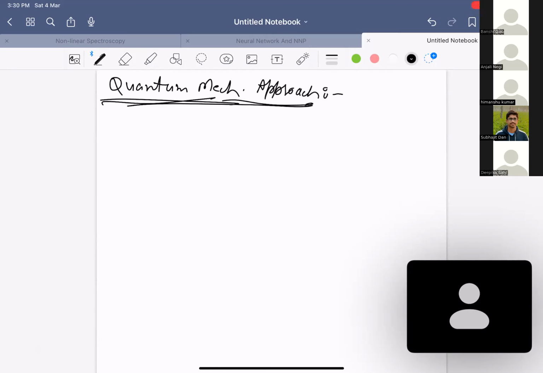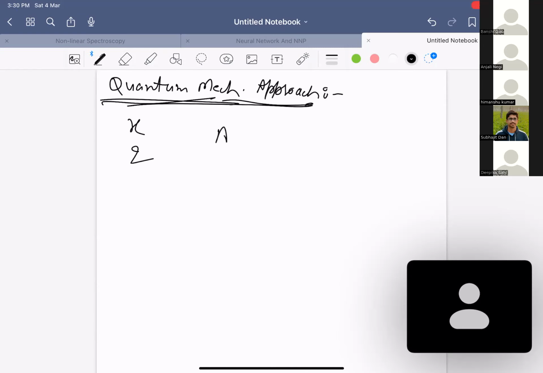Now let's see the quantum mechanical approach of introducing this density matrix. Suppose we have a system with many degrees of freedom, and there are x degrees of freedom which we are interested in, and other degrees of freedom which we are not interested in.